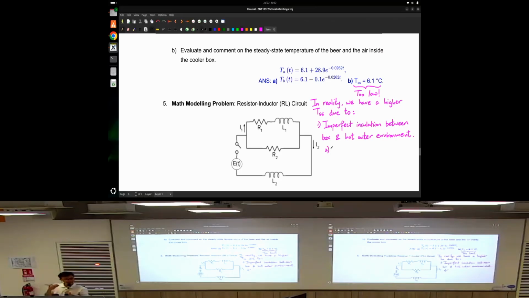So therefore, the heat that is being transferred into the beer is more because there's latent heat gain. Okay, so in reality, we have condensation of water vapor in the air transferring heat to the beer.